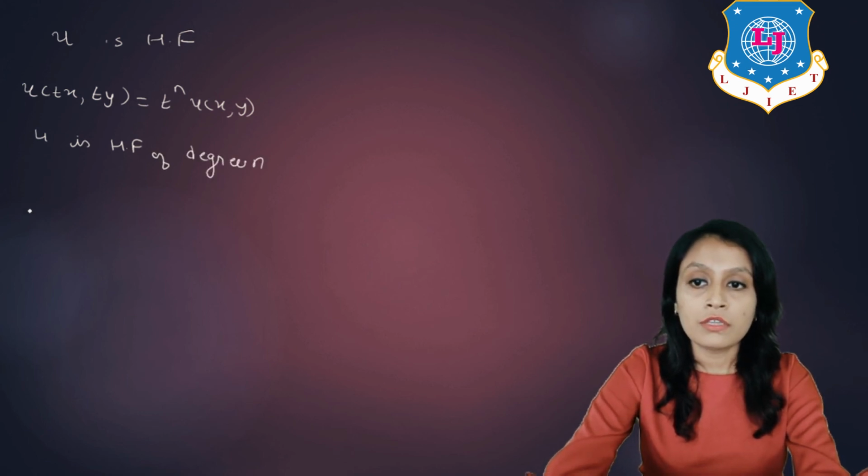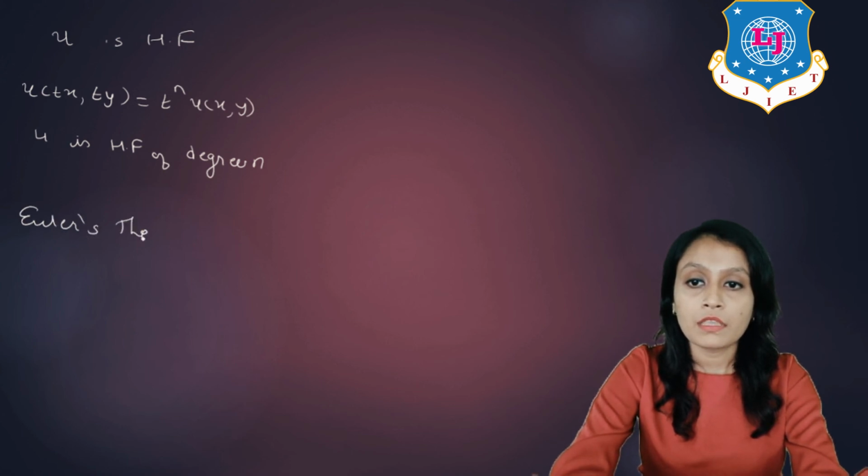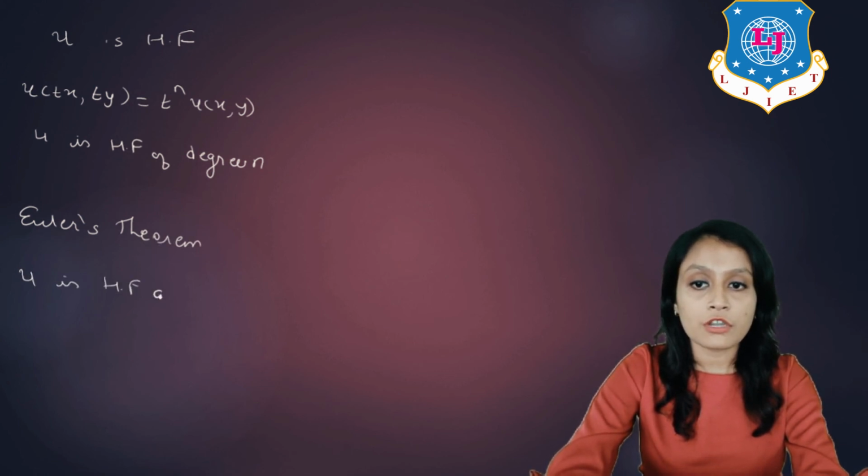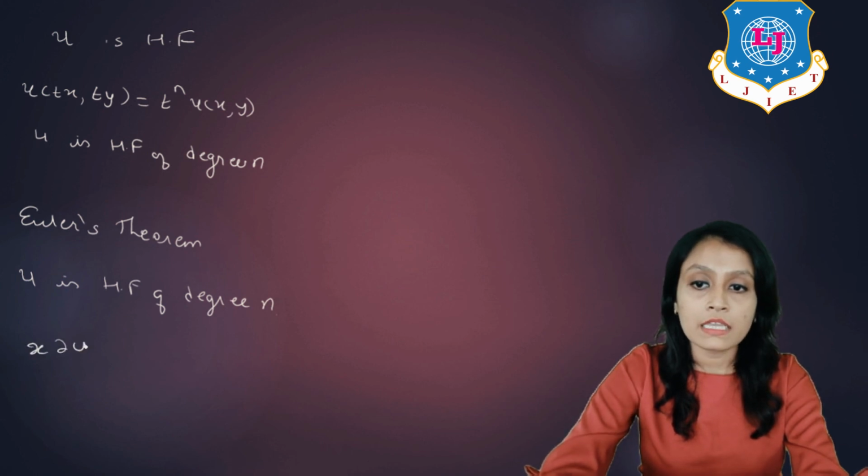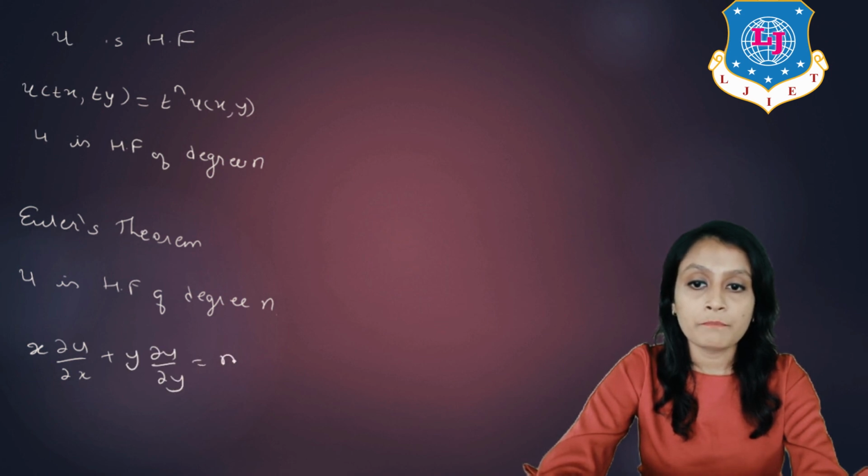Now, Euler's theorem. Okay, so in this theorem, what we have studied? We have to take u, which is a homogeneous function of degree n. And if we want to find this x del u by del x plus y del u by del y, so the answer will be nu.